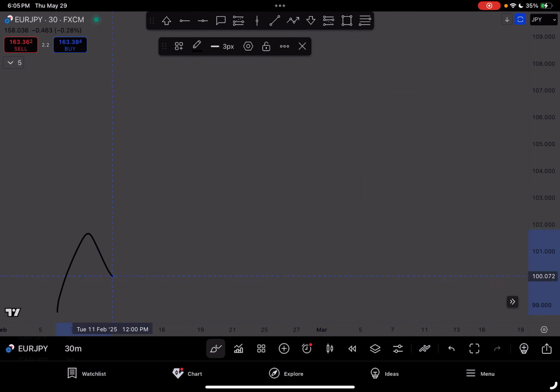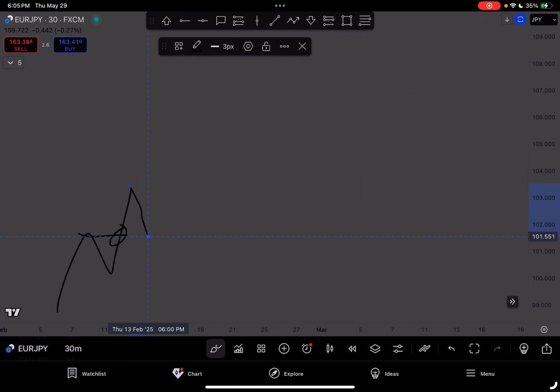In an uptrend, the market must make higher highs and higher lows. Every time the market breaks a high just like this, it's letting you know that it wants to keep going up. Of course, it's going to retrace, and when it retraces, it's supposed to make a higher low.